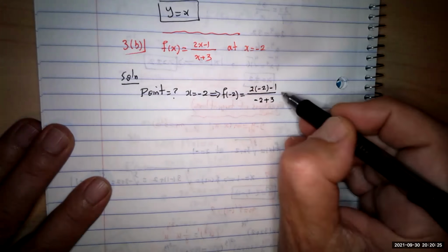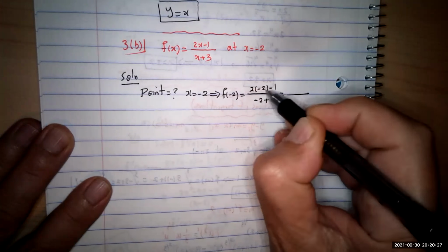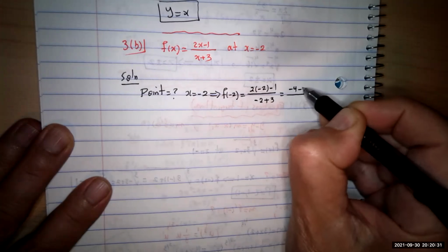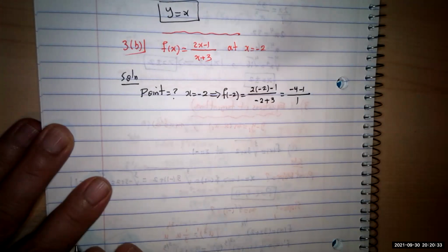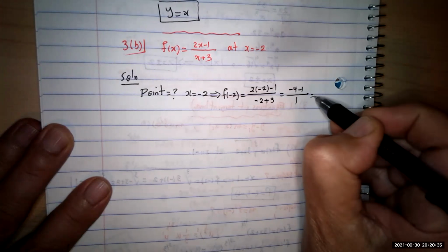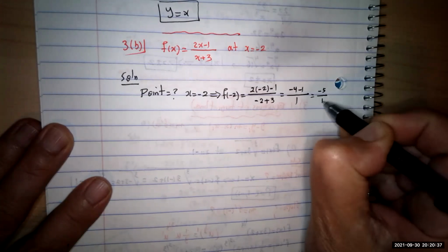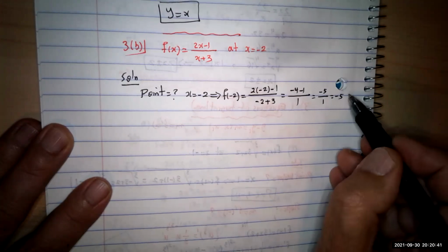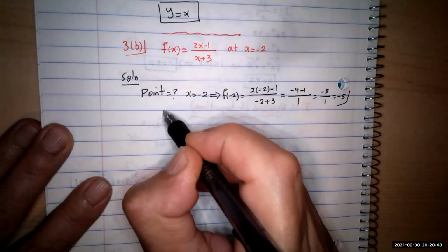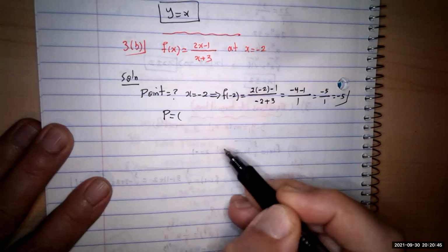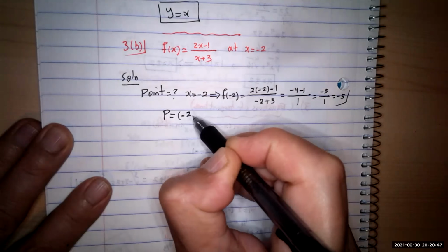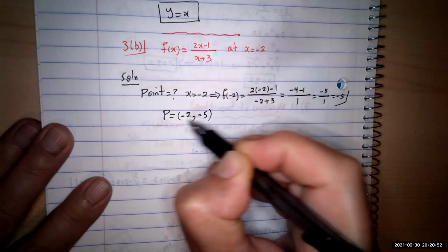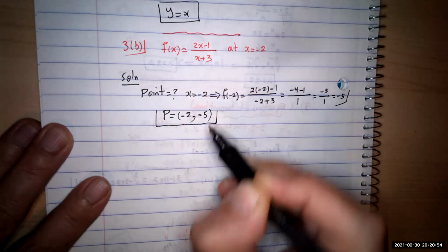You go on the top, it's going to be -4, and this is -1, and this is +1. So that gives me -5/1, which is -5. Okay, so the coordinate of the point is (-2, -5). So that would be the point.